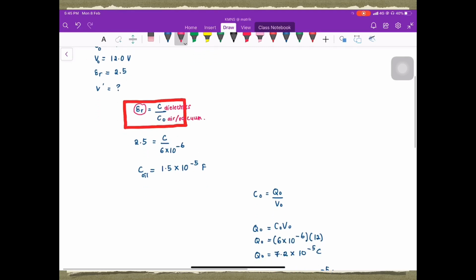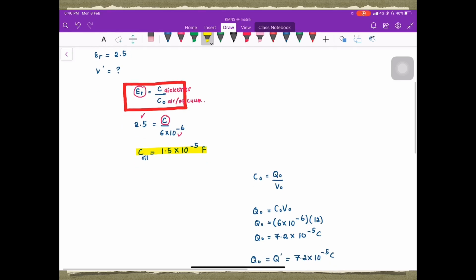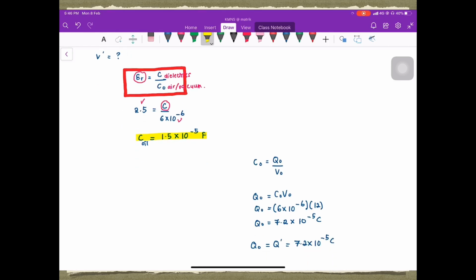So now refer to the dielectric constant, epsilon R. Then we want to determine the capacitance with dielectric. This is the capacitance in air. So we get the capacitance in oil, meaning with dielectric, here: 1.5 times 10 to the power of -5 farad.